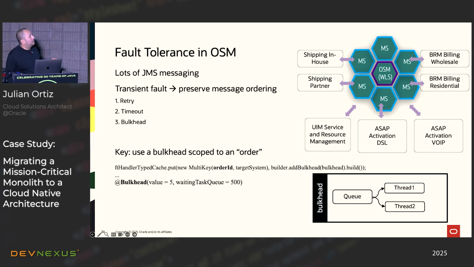In detail, one example applied to OSM and its integration pieces. All orders that come in are going to be placed in a JMS queue. So we retrieve those messages and send them to external systems. Remember, we have shipping in-house or shipping to a partner, so the product has to contact that external system, pull that order and create an order in the external system.